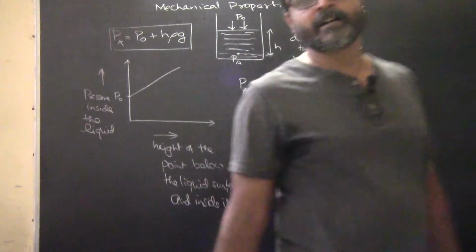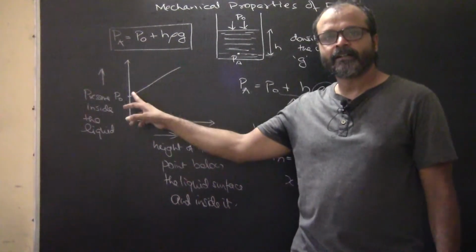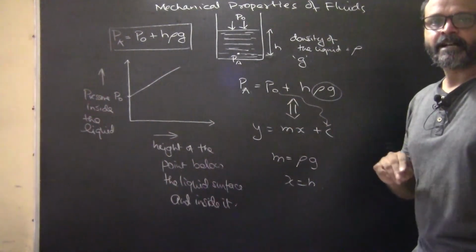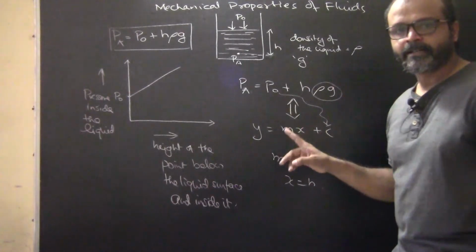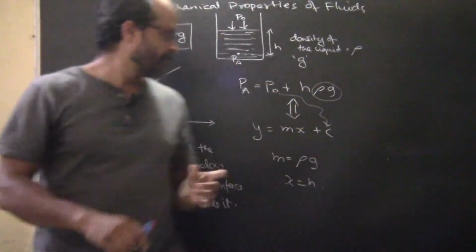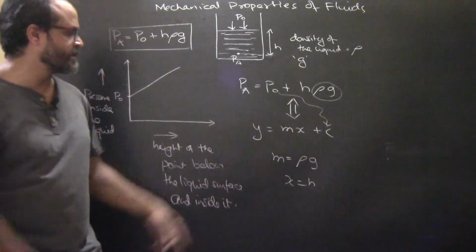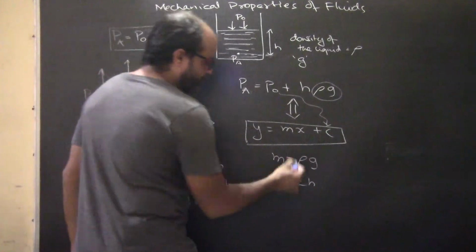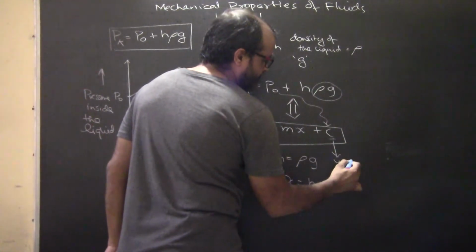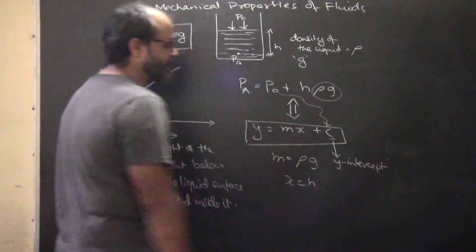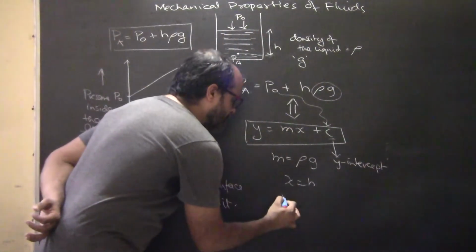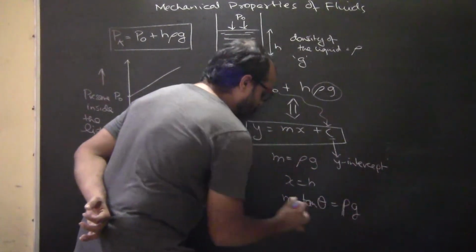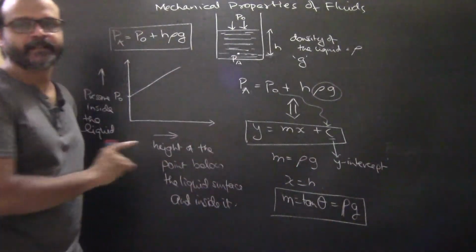So this is the graph which represents PA is equal to P0 plus height into density into gravity. Is this clear? We can compare this with the slope-intercept form: this is the y, this is the slope, and this is the y-intercept. In coordinate geometry we have learned this. Slope can also be represented as tan theta, so we can also represent this as tan theta is equal to rho g. Clear?